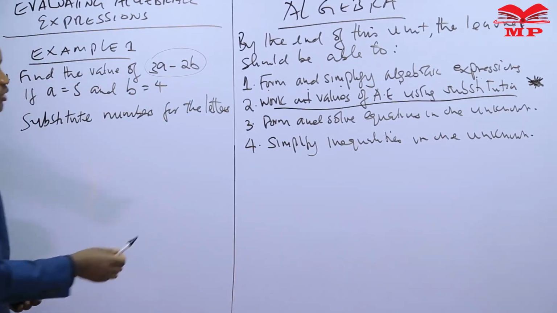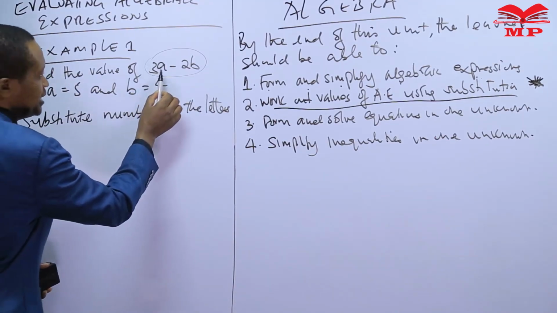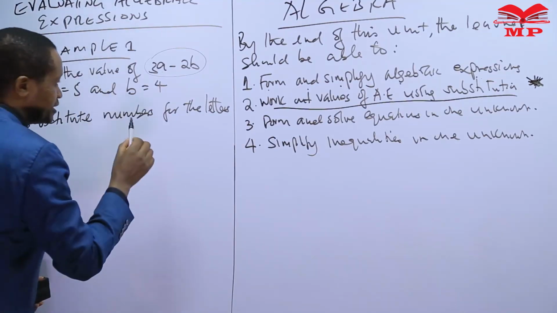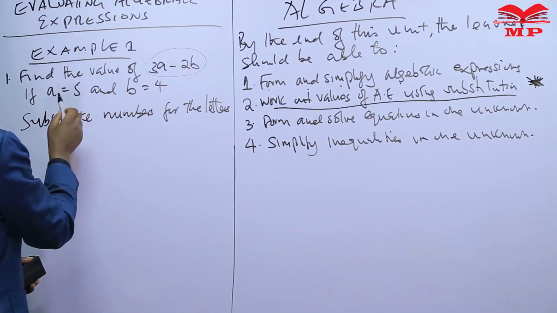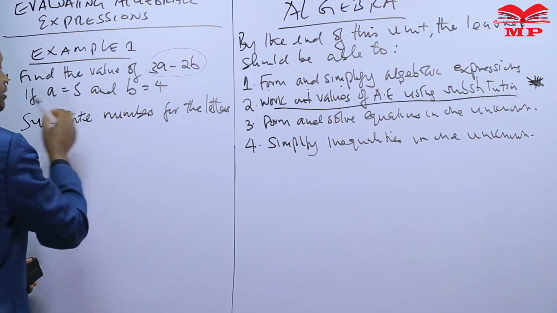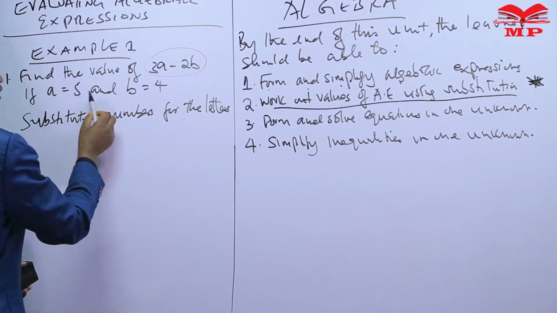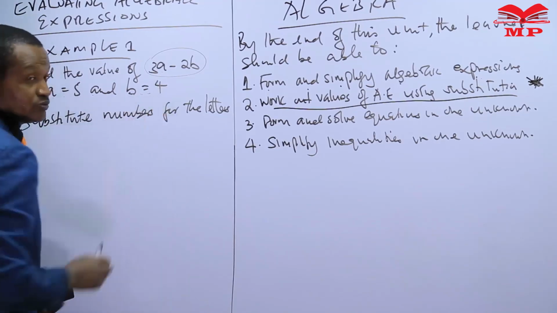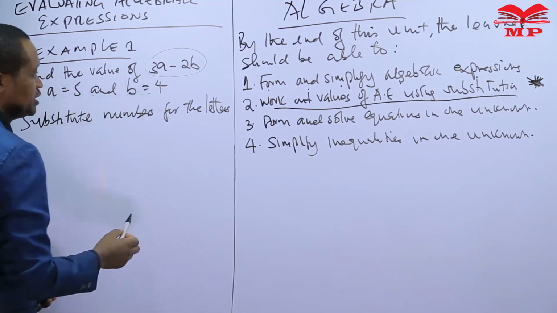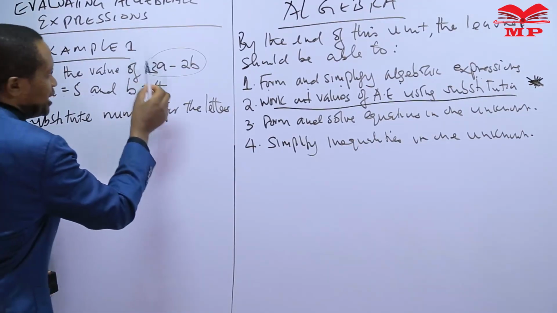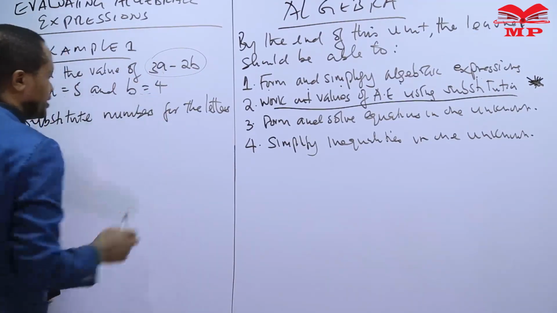That means where there are letters, we insert the numbers because we have been provided with the values of numbers. If a is equal to 5 and b is equal to 4, so we substitute the numbers for the letters. Where there are letters, we insert numbers.